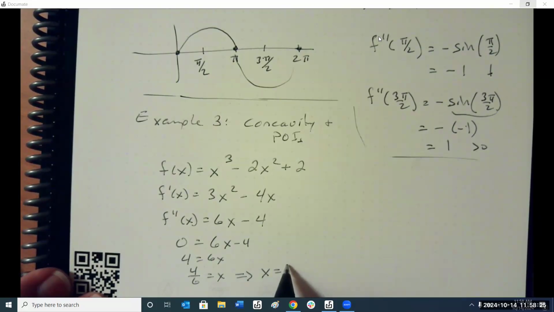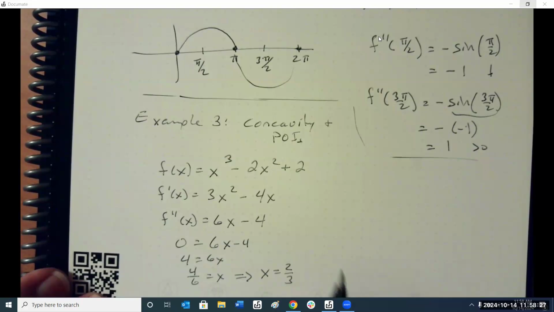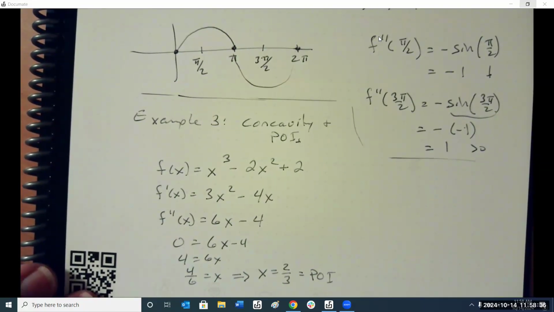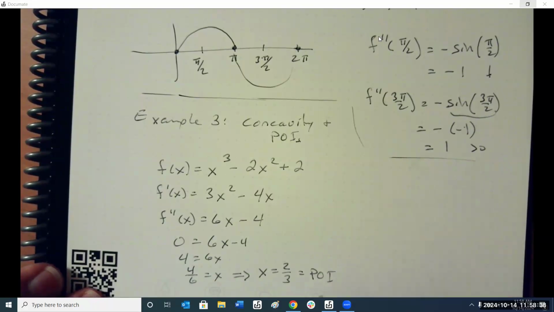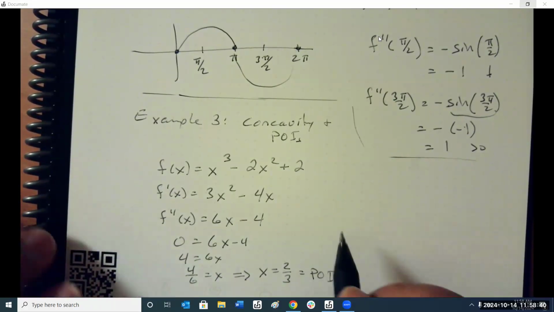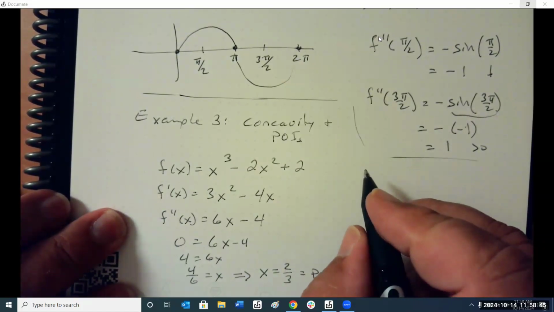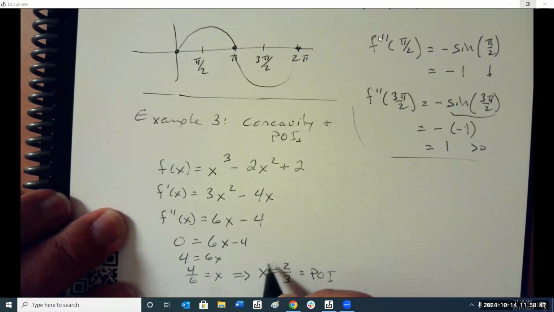X equals 2/3. That's my POI. So the point of inflection is at 2/3.